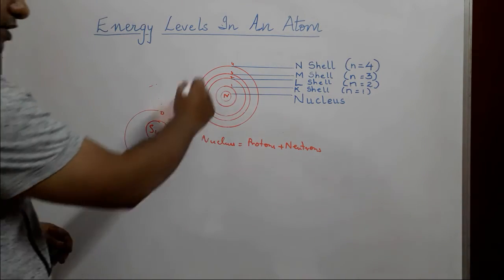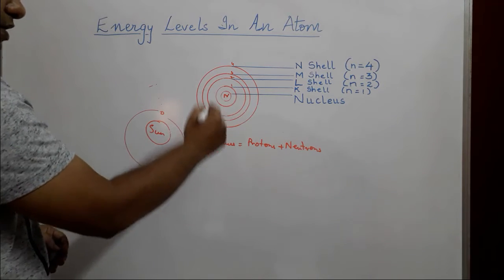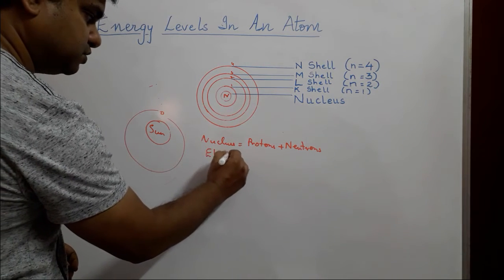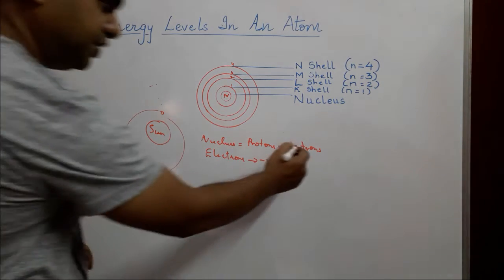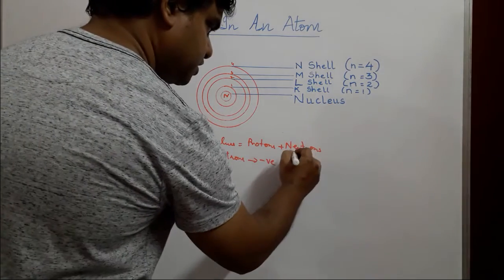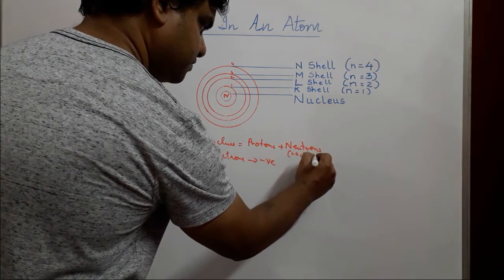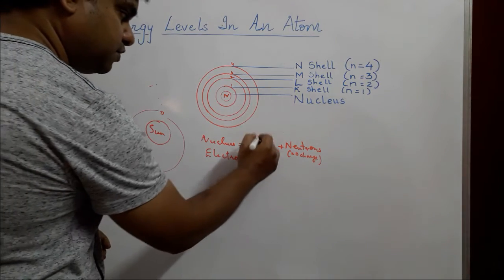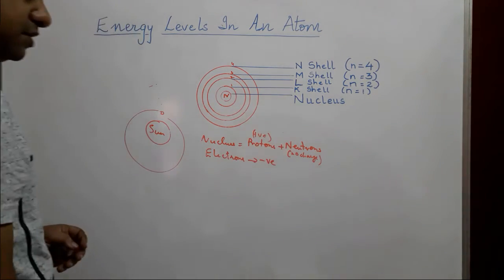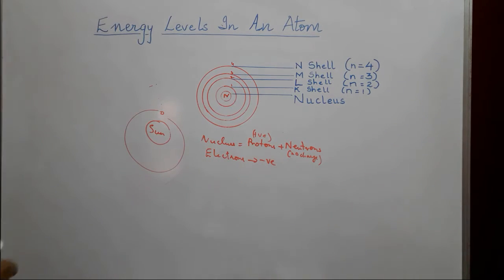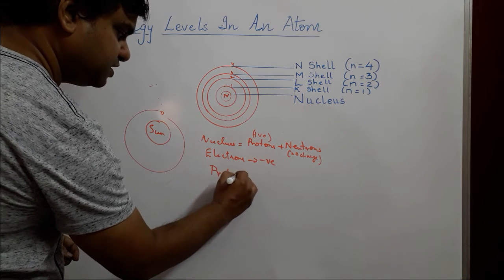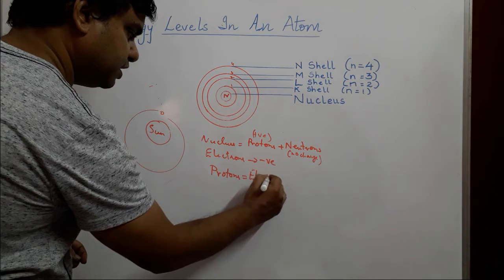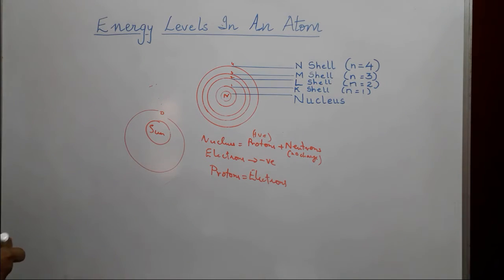Outside the nucleus, in those shells, we have electrons, and these electrons are negative in nature. In an atom, the number of protons is always equal to the number of electrons, as a result of which the charge is always balanced.